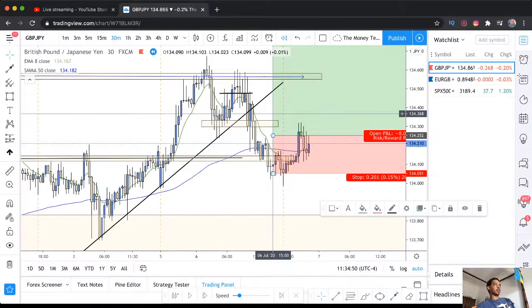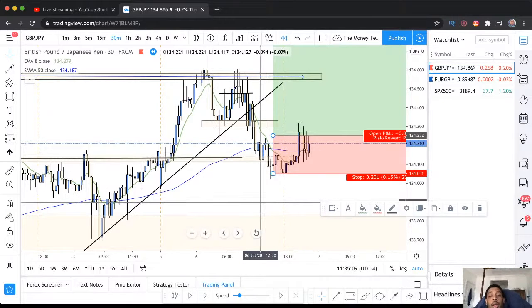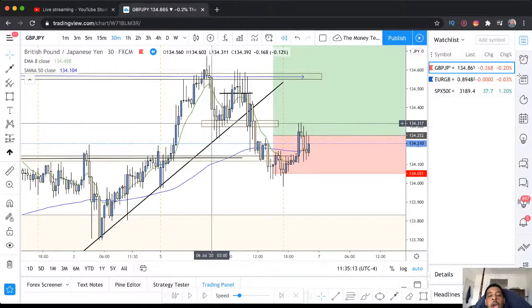Because the fact that the new higher low, which signals moves to the upside, was broken, is a great sign that price is done, or at least at that moment, price has more bearish potential. So I think that was a very great point to actually get out, right about here.